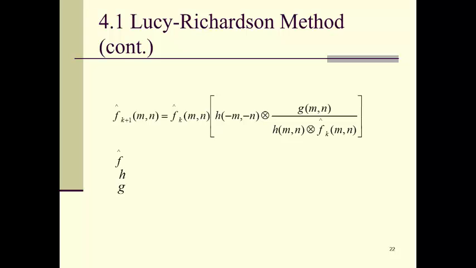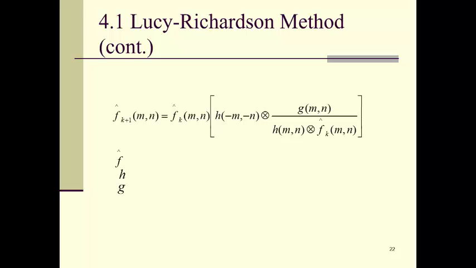And this is the image that we have, and f is the restored image. This expression, as you can see, is what we call a recursive expression, or let's say it is iterative as well. Here f of k plus 1 with the hat means an estimation.